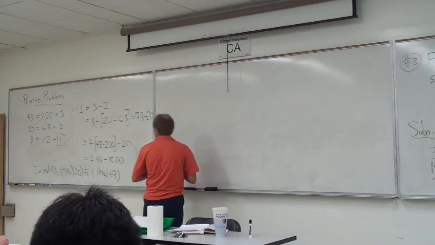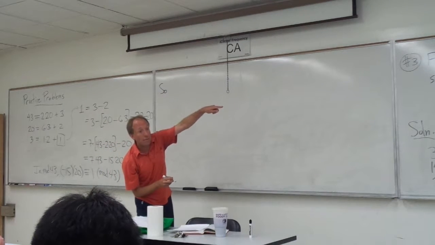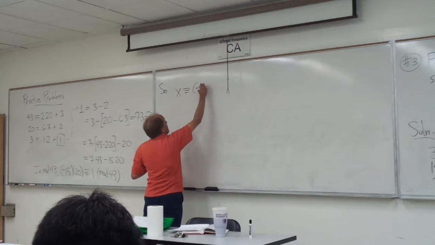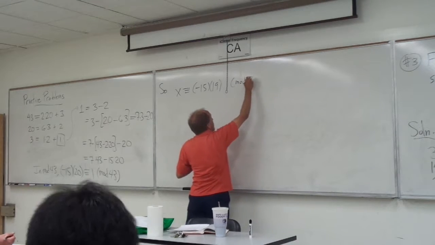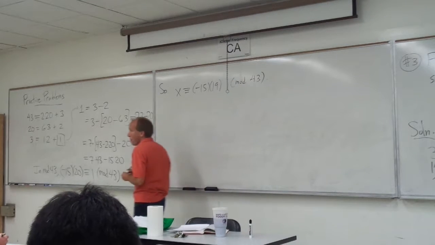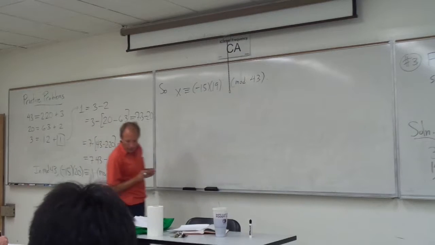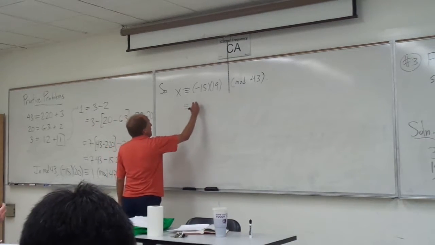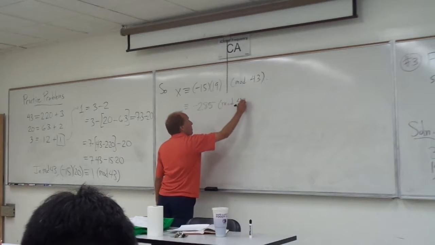So I'm going to multiply through by negative 15 over there to get x congruent to negative 15 times 19. And this is all still modulo 43. And let's see, negative 15 times 19 is negative 285 mod 43.